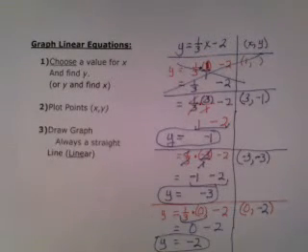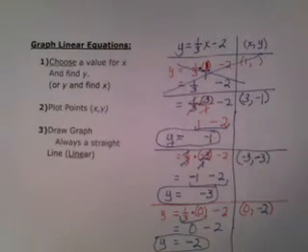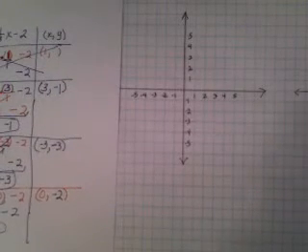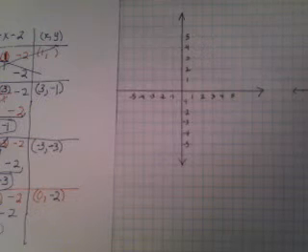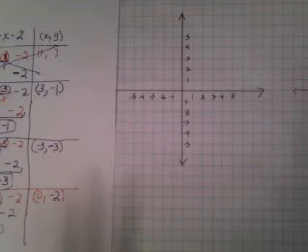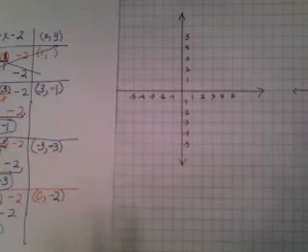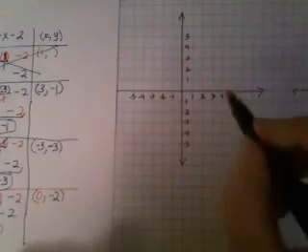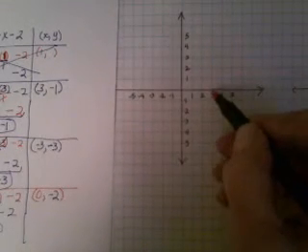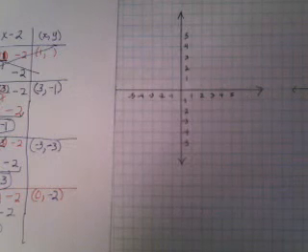Now that I have a few ordered pairs, I can plot my points and graph these. So here's my graph already drawn. I want to plot the point 3 and negative 1. So 3 is the x, negative 1 is the y.